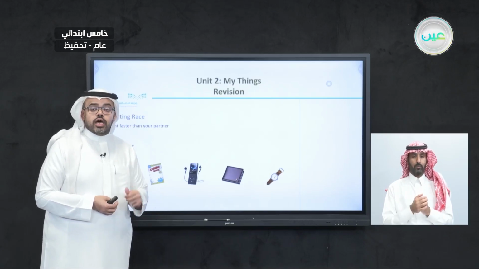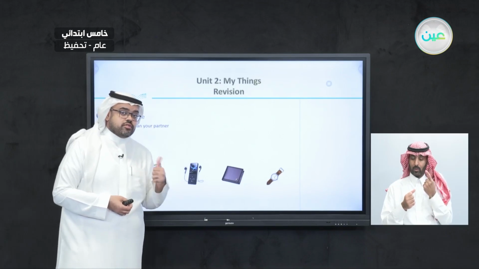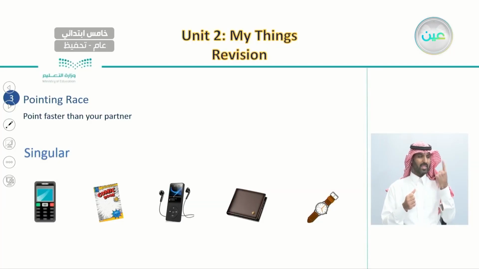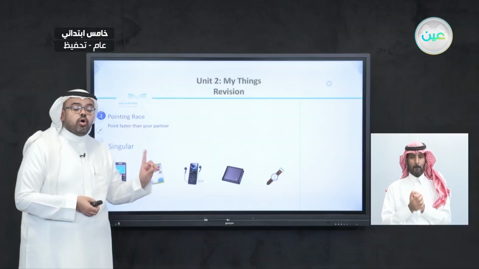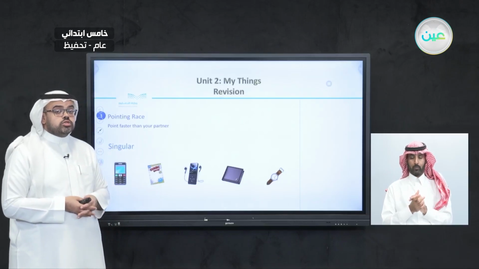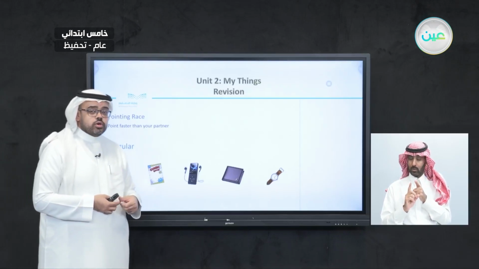Well, we have 2 levels of this game. The first level goes with the singular nouns. As you can see here, we have only one of each of these items. So you, as a leader, are going to ask a question.